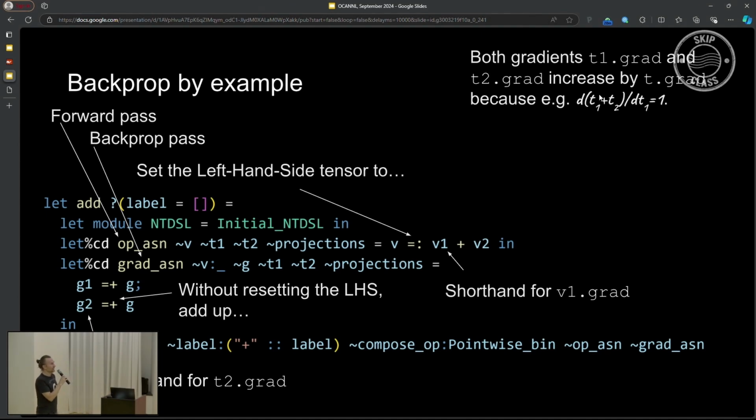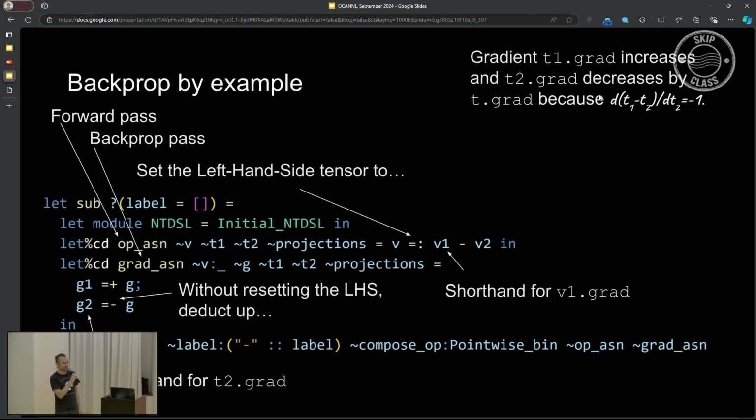And in the backprop pass, we backpropagate the incoming gradient G into the tensors T1 and T2, specifically T1 grad and T2 grad. So here's another operation, subtraction. Specifically, the gradient will also switch, invert.